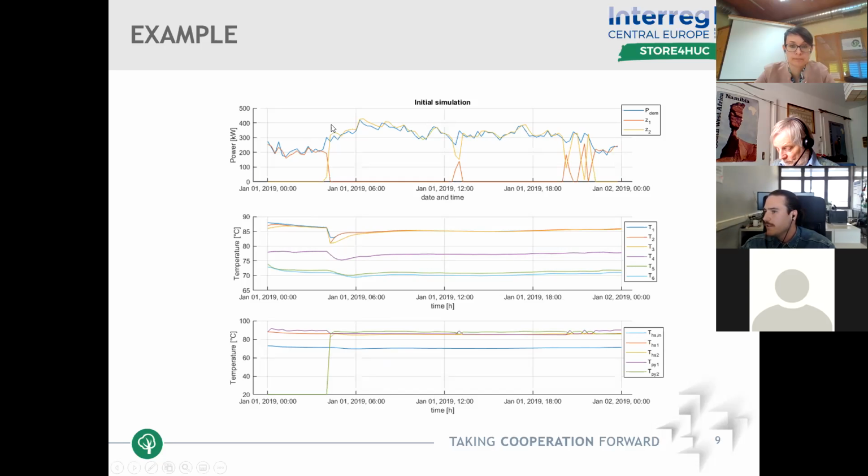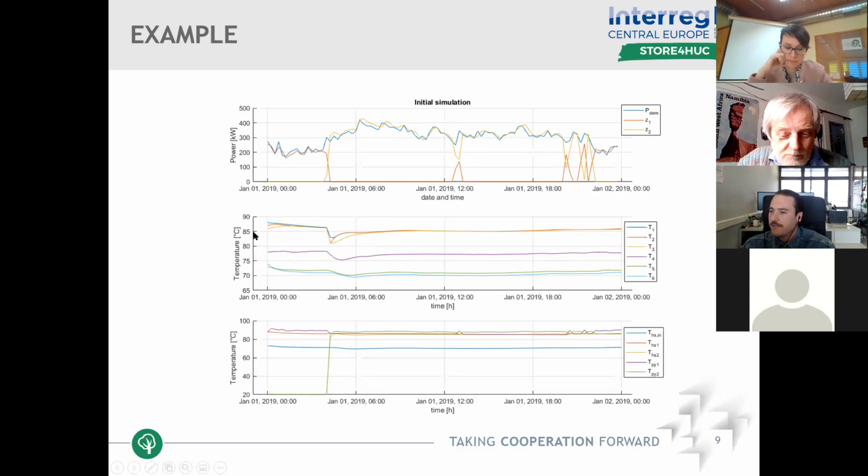So mostly the second one is running, but sometimes the first one steps in with some power. And it works in a way that keeps the supply temperature, the blue line here, which is the temperature in layer 1. Other lines are temperatures in other layers, going from 1 at the top until 6 at the bottom.